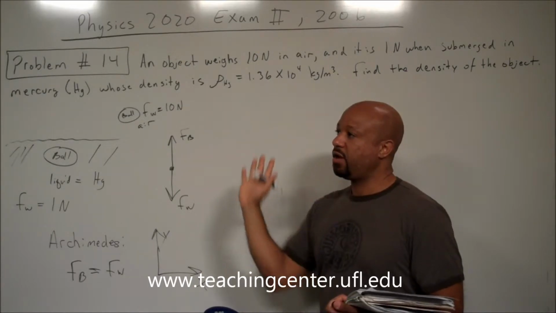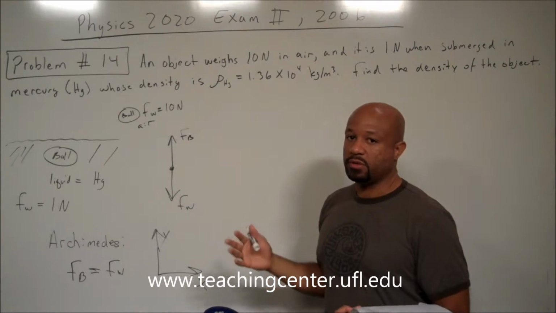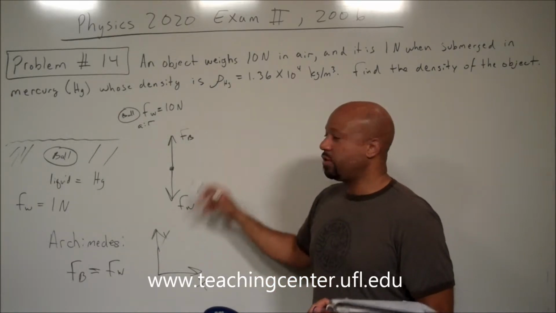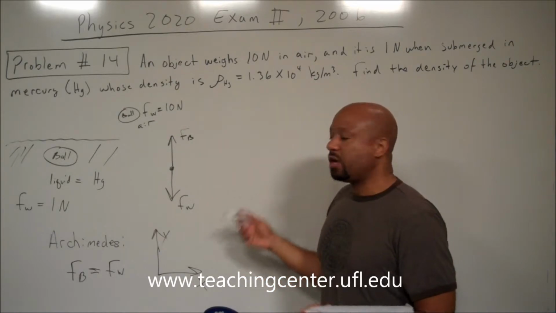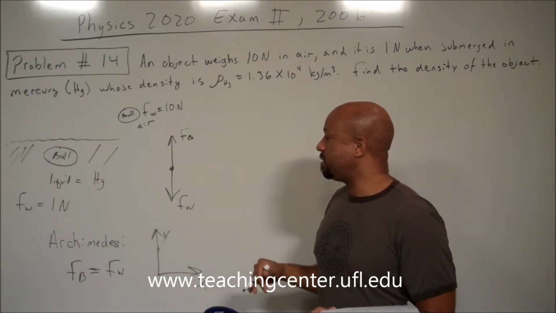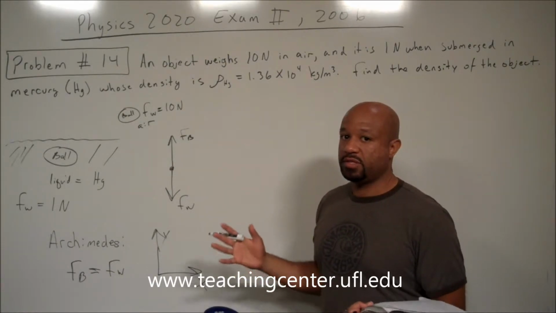So it's actually counteracting the weight of the object in order to make it float. Now, if these two forces are equal, then your object is going to float. If these two forces are not equal, then your object is going to sink.